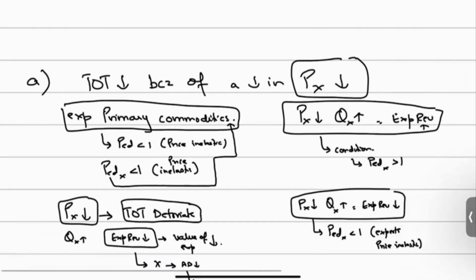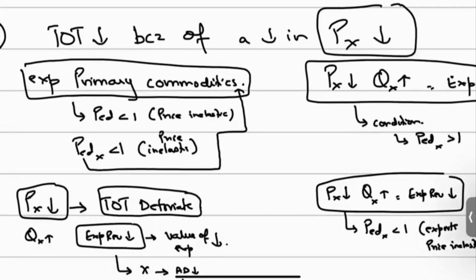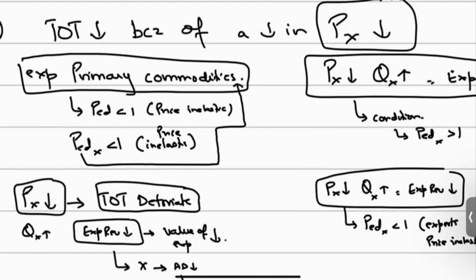Number one, for developing economies. Number two, if those developing economies are pretty much dependent on the export of primary commodities, even though domestic inflation is falling, even though the cost of living crisis in those developing countries is getting better, even though industries are becoming efficient, that could cause a fall in the price of exports.